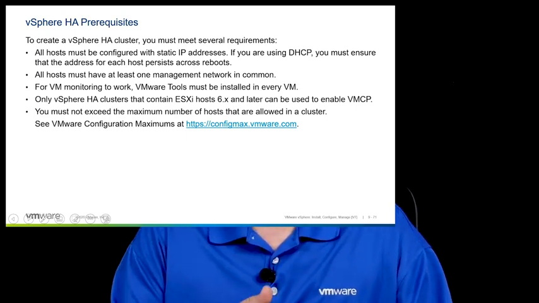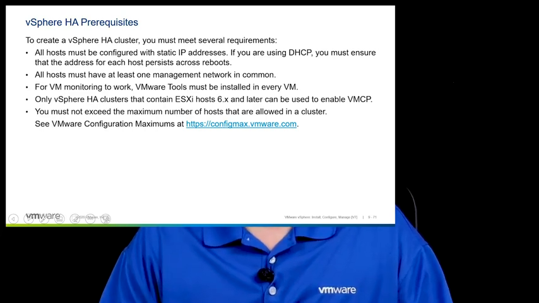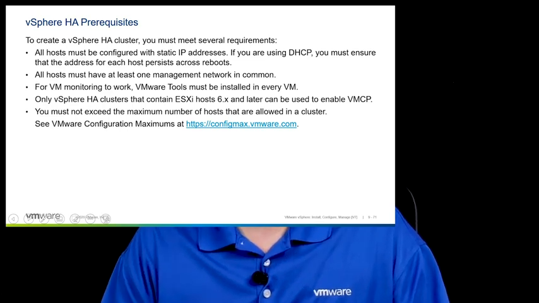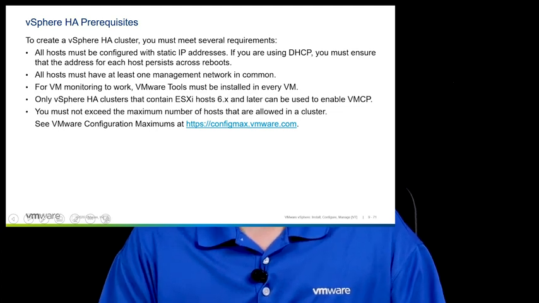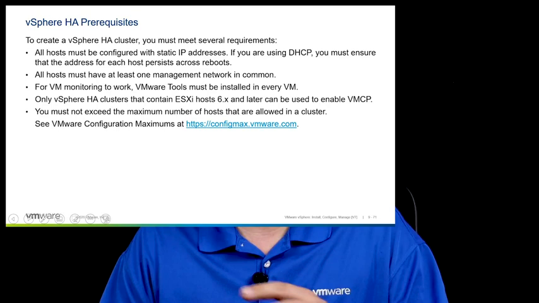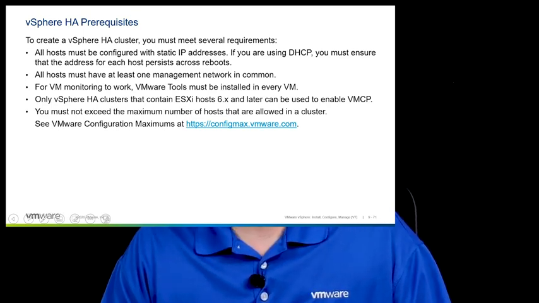So if you're using DHCP, for example, in a PXE booted cluster of ESXi hosts, then you've got to make sure you set up DHCP reservations so that the IP addresses don't change. This is because we're not doing name resolution when we execute these heartbeat networks. We're just hitting an IP address that's set up for your management VM kernel ports.